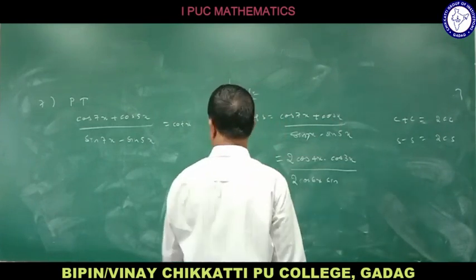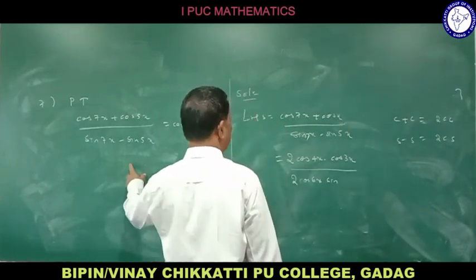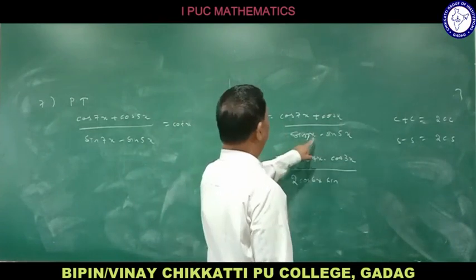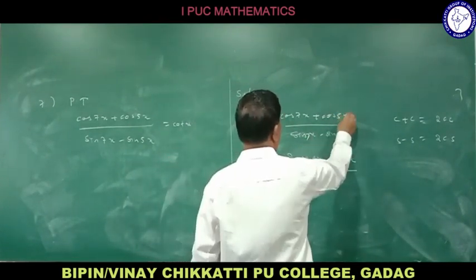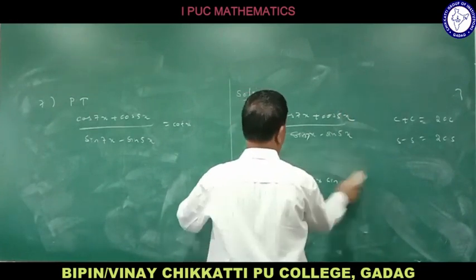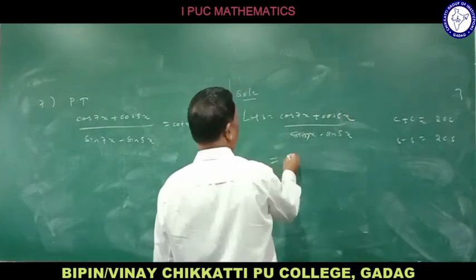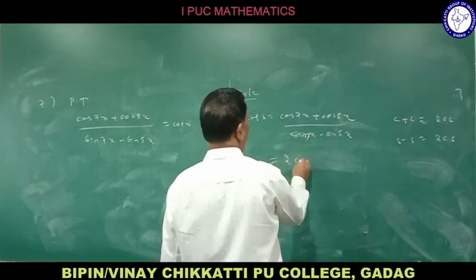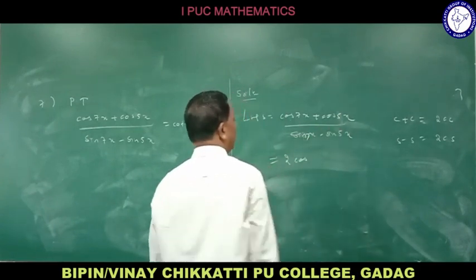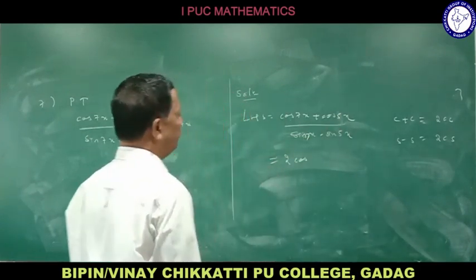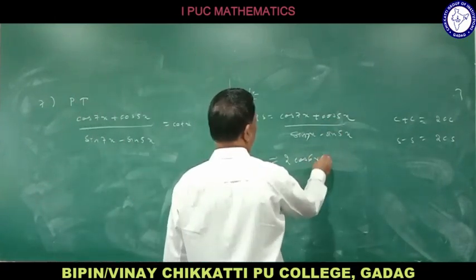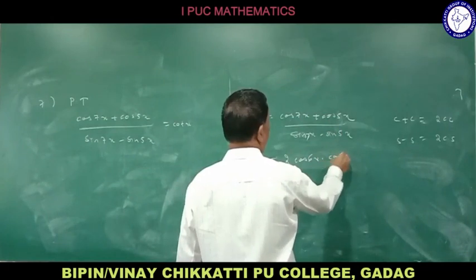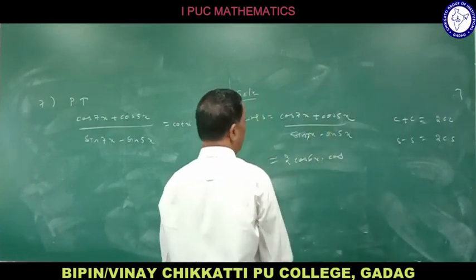Here you can see 7x, and here 5x is there, so I made a mistake earlier. Let us look at this again. It is 2 cos of (7 plus 5) by 2, that is 12 by 2, which means 6x, into cos of (7 minus 5) by 2.